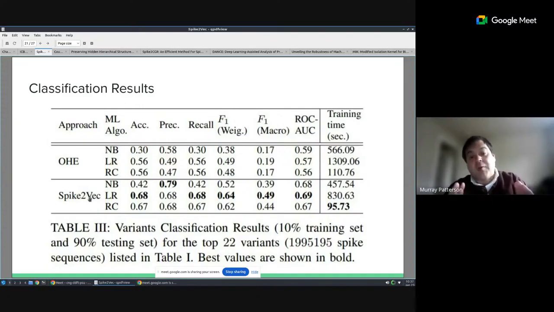We basically took the spike protein, built the k-mer frequency vector of this, and then performed RFF to get this lower dimensional, much more compact embedding, and then ran different machine learning approaches on it, right? Naive Bayes, lasso regression, and ridge classifier. That's what Spike2Vec is.